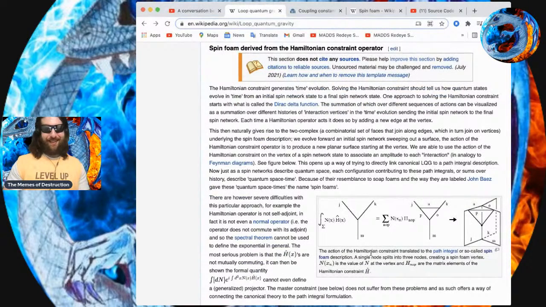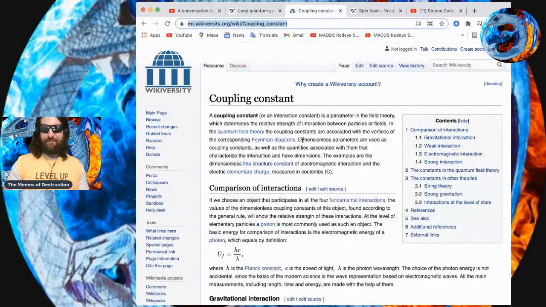Oh. Like that's something that Professor Feynman often spoke about. Dimensionless parameters are used as coupling constants, as well as quantities associated with them that characterize the interaction and have dimensions. The examples are the dimensionless fine structure constant of electromagnetic interaction and the electric elementary charge measured in the coulomb.